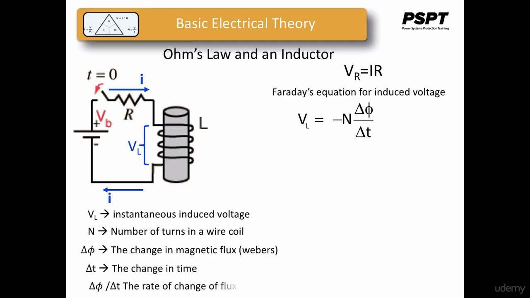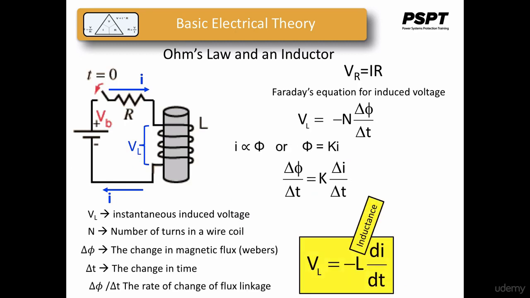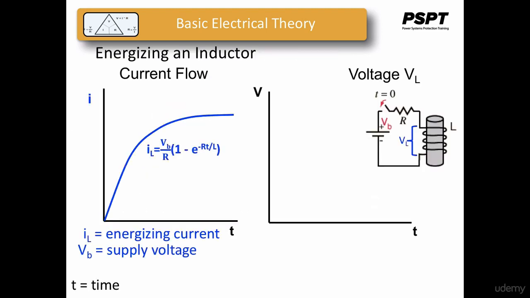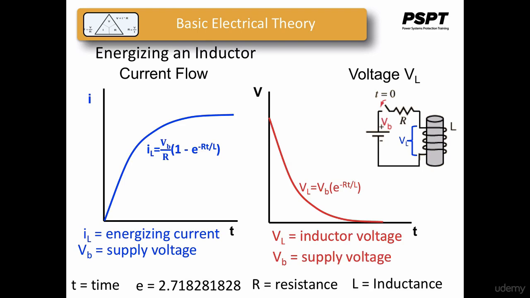In this part of the course, inductance as a component of electrical circuits is developed, and how it reacts in an electric circuit, in a DC electric circuit, as power is switched on and off to an electrical circuit that contains these inductors.